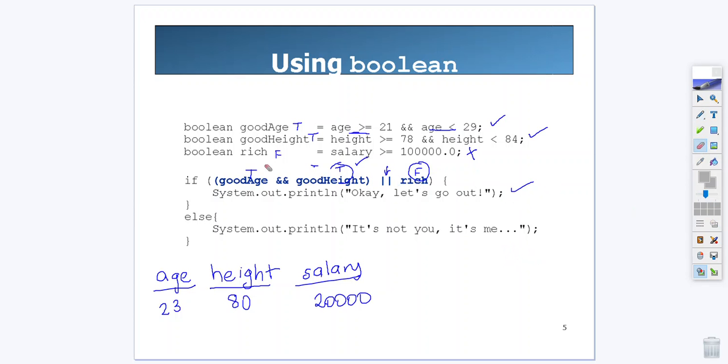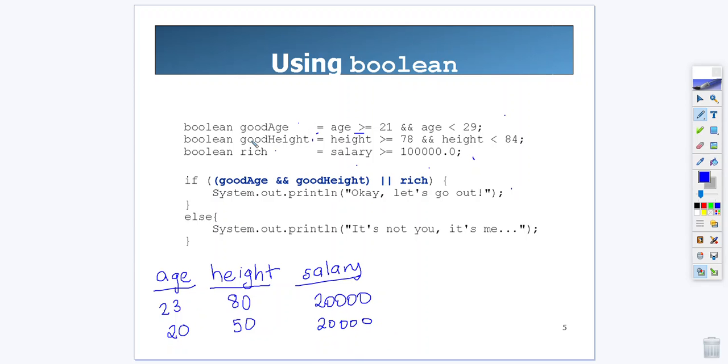But then let's do another try and see what that comes out to be. Let's say I'm 20, 50 is my height, and my salary is still 20,000.